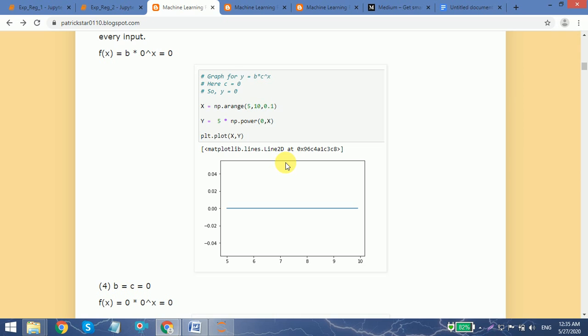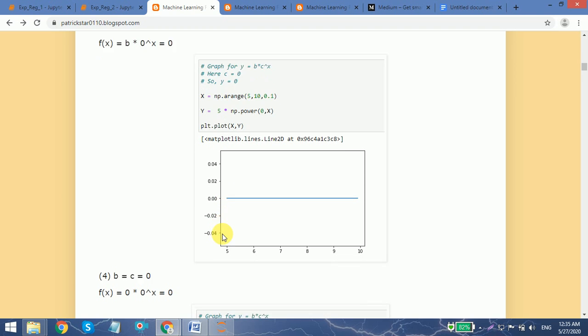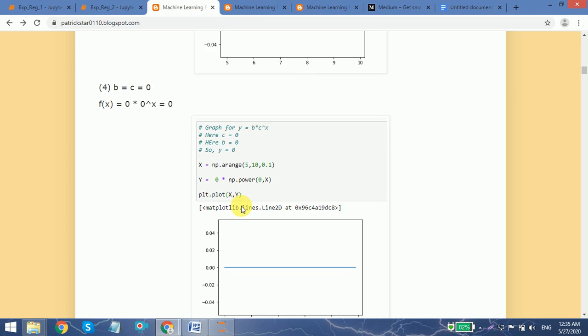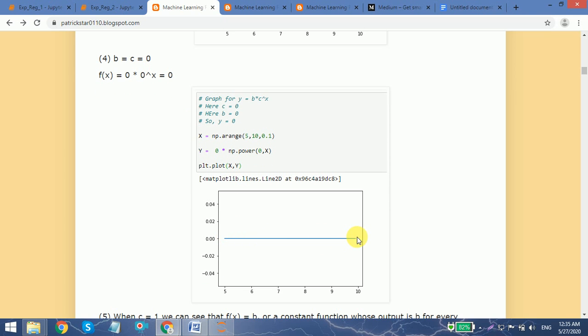I've also implemented it using Python here. You can see that I've taken the value of c equals 0, so our graph will be a straight line that has a y-intercept of 0. The next point is when we take b equals c equals 0, then it's going to be the same. The output is going to be 0 for any input.